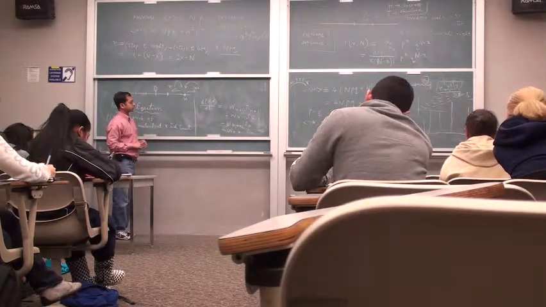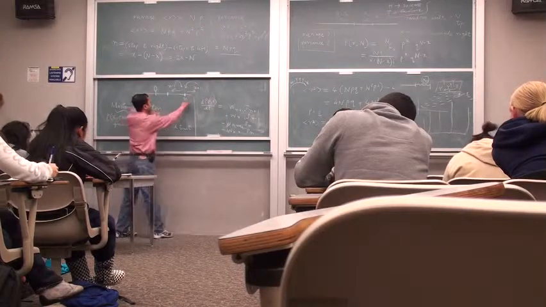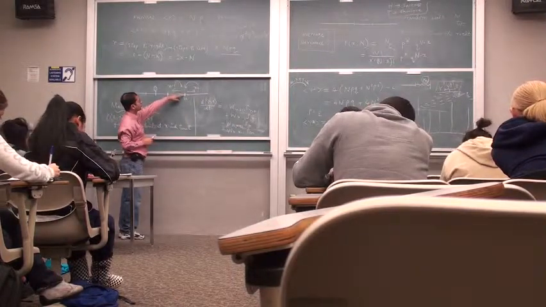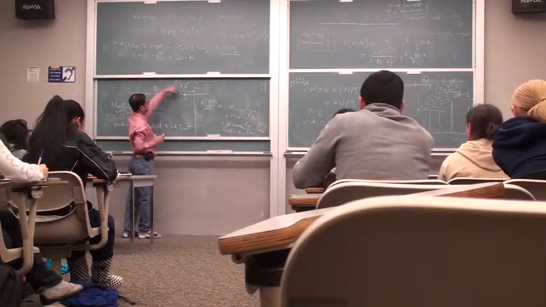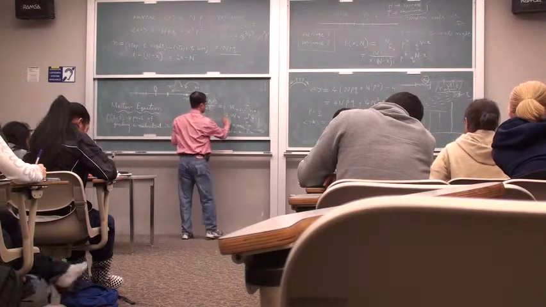So there are 4 terms I wrote, because at n you can have 4 possible probability changes. One, from n plus 1 or n minus 1, you can jump to n. That's why you have 2 positive probabilities.